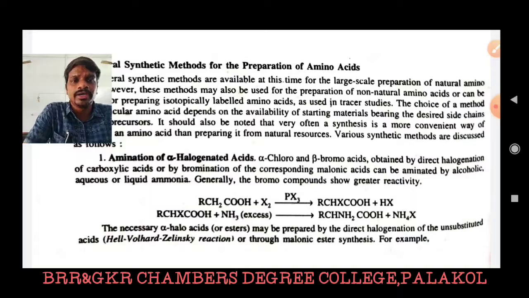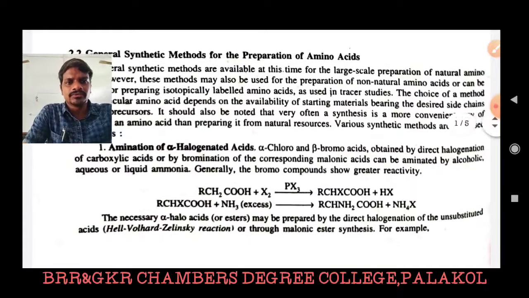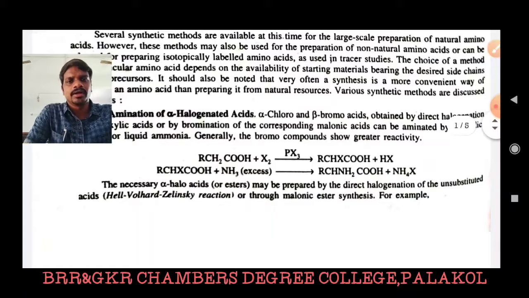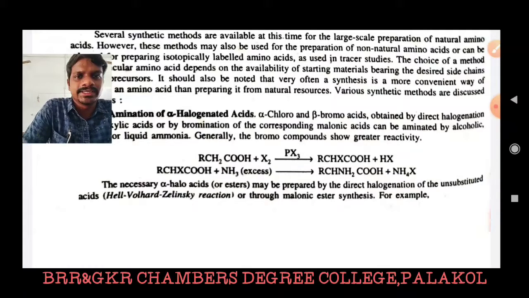So, how can we prepare alpha halogenated acids? Alpha halogenated acids are prepared from carboxylic acid in a halogenation reaction, then we get alpha halo carboxylic acid. The most important method for preparation of alpha halogenated acid is the HVZ reaction.